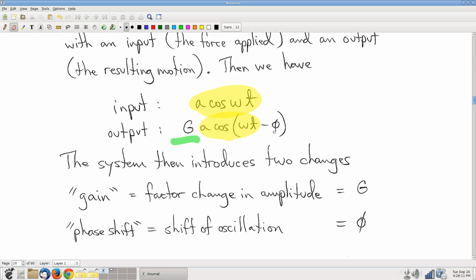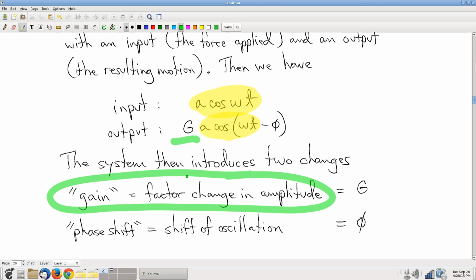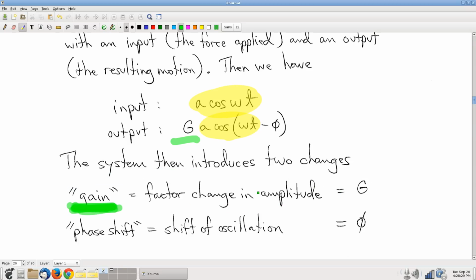So this magnification of the amplitude is called the gain in the system. This is a standard term, very common, gain. Again, conveniently, it happens to be this g, the magnitude of the complex undetermined coefficient, because of the way we set things up. And again, phase shift, standard term for describing that there.